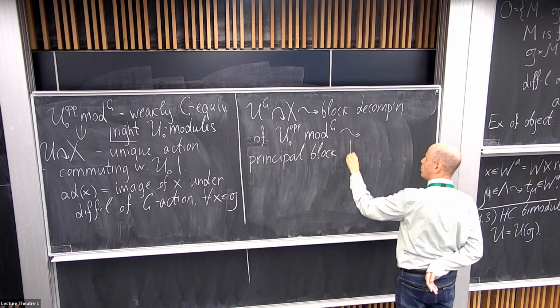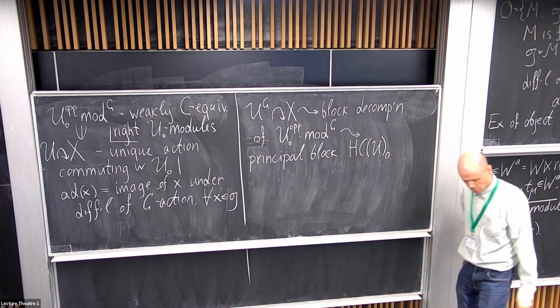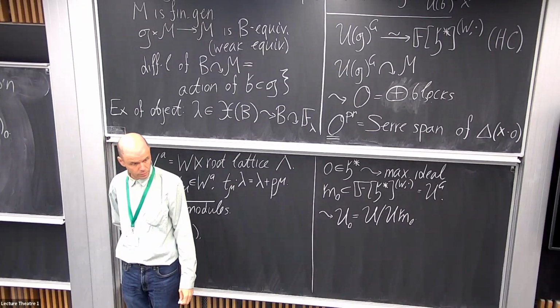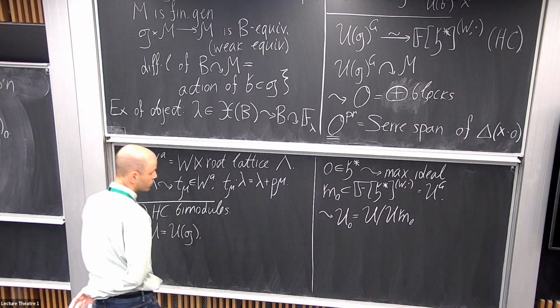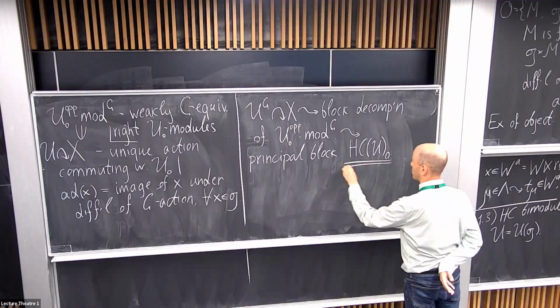Which I'm going to denote HC of U with superscript 0 after the bracket, with subscript 0 after the bracket. So this is one category I'm going to care about, this is another category I'm going to care about.